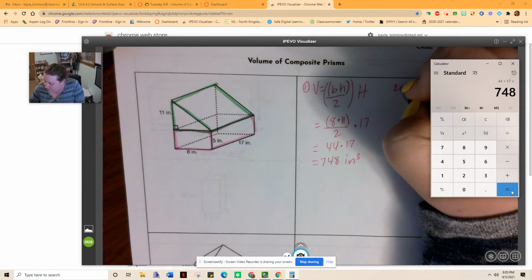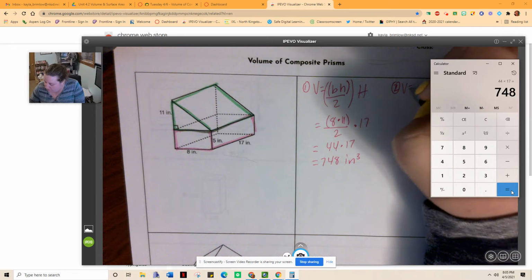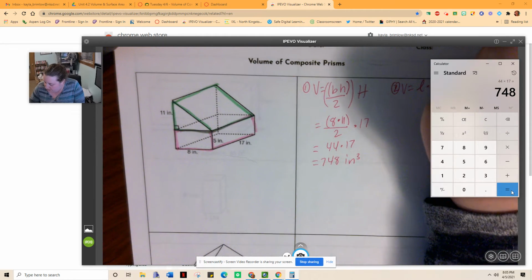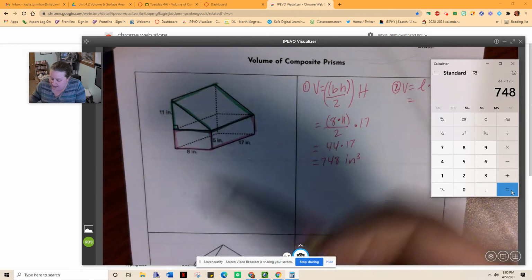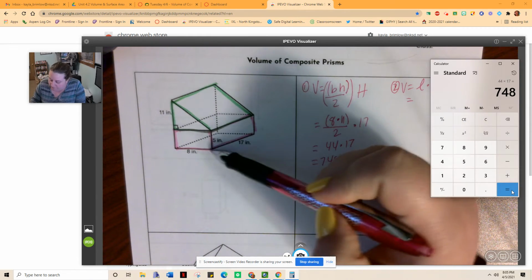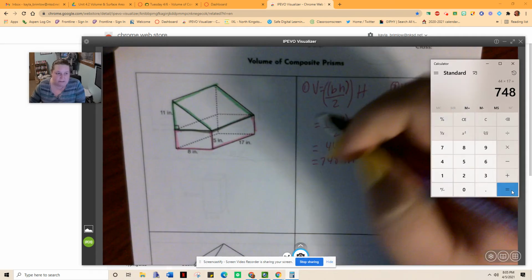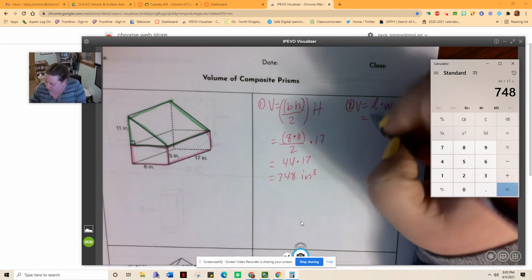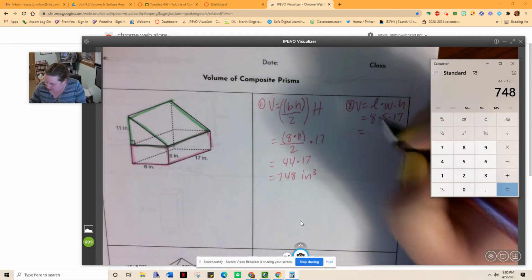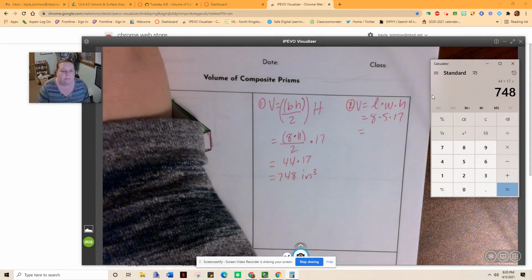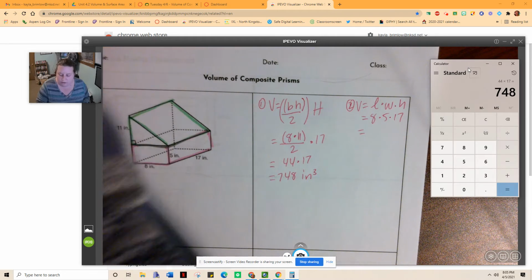All right, so next we need to find the volume of the rectangular prism, which is just length times width times height. So length is 8, width would be 5, and the height of the prism is 17. So 8 times 5 times 17, I believe is 680, but we'll double check.